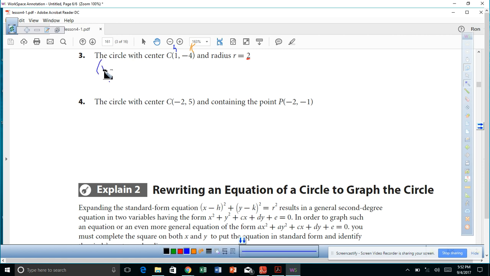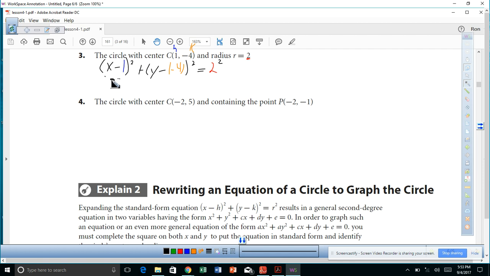So you got x minus 1, and that's going to be squared, plus y minus, and in here you got -4, and that's squared, equals 2 squared.